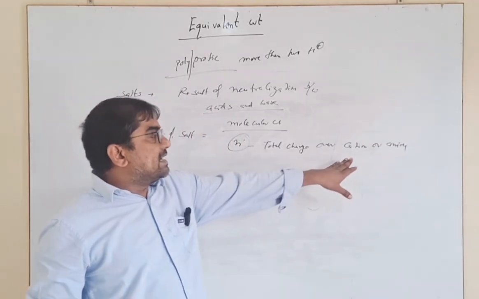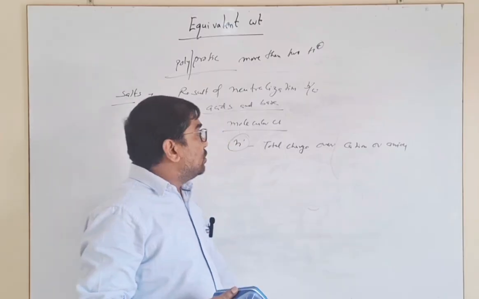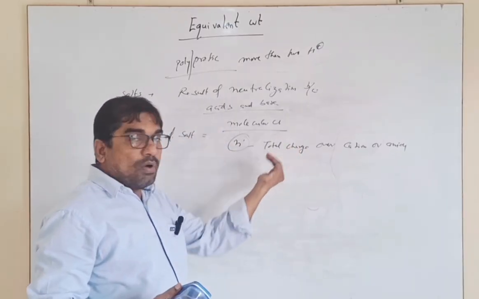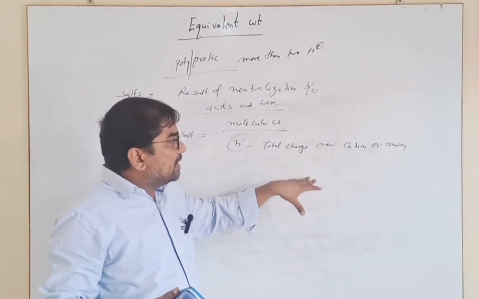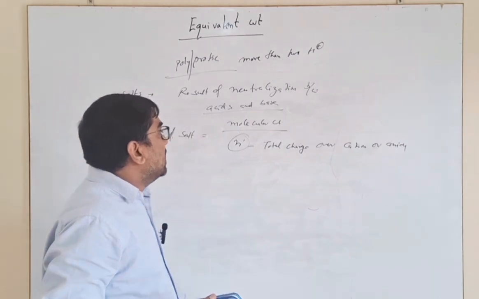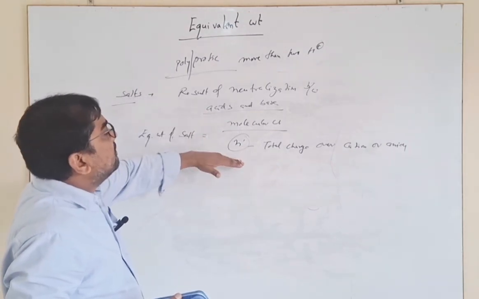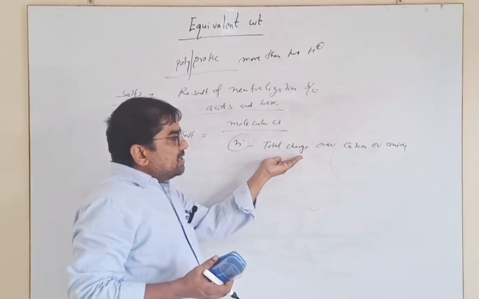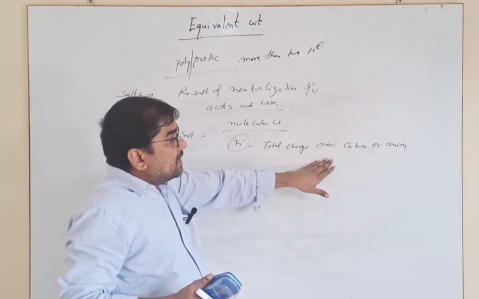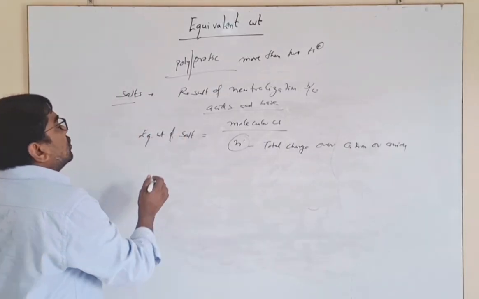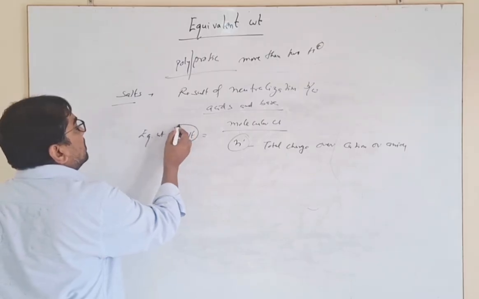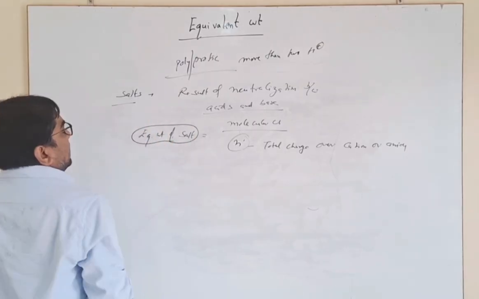Either we will take cation or we will take anion. Total charge over one part, whether it is cation or anion, will be the N dash, and when molecular weight is divided by the total charge present over the cation or anion, then the equivalent weight of the salt will be found.